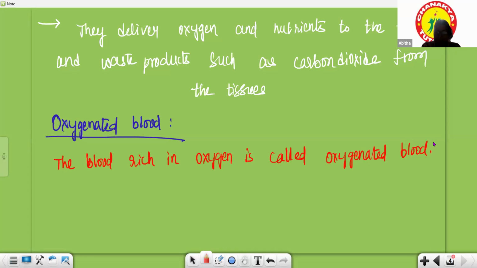Where does this oxygenated blood come from, students? The blood mixes with oxygen in the lungs only, because in the lungs you are inhaling fresh air, that is, oxygen is entering the lungs.